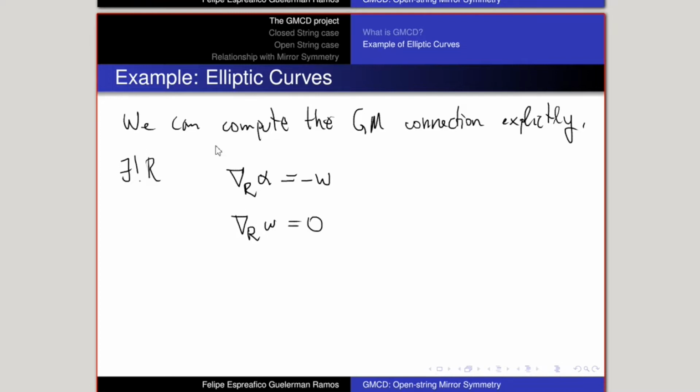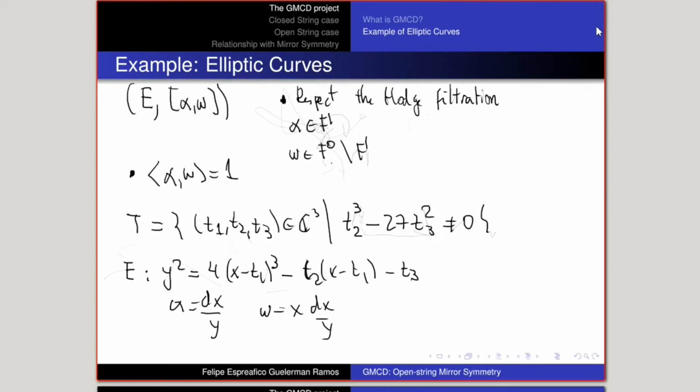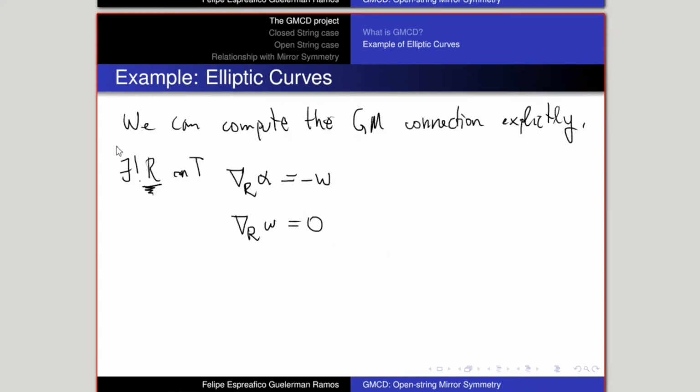We can show this by computation. So this is a vector field on T, right? Because the Gauss-Manin connection is a connection for a bundle over T.